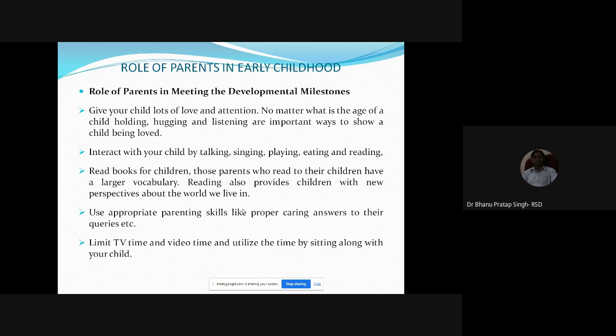The second is to interact with your child by talking, singing, playing, eating, and reading. We should not leave the child alone. Whatever your way of life, if you are a farmer, after coming from the field, the parent should spare some time.